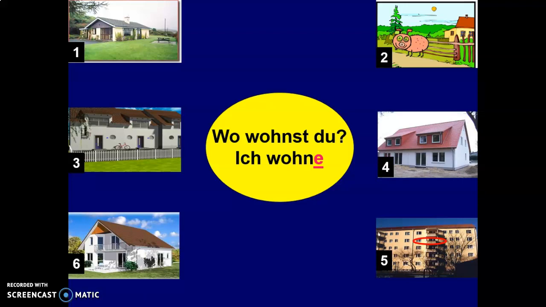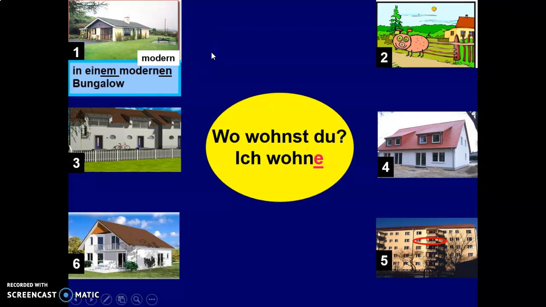Wo wohnst du? Where do you live? Ich wohne. Now we've got modern here, or modern is the adjective. In einem modernen Bungalow. So it says, wo wohnst du?